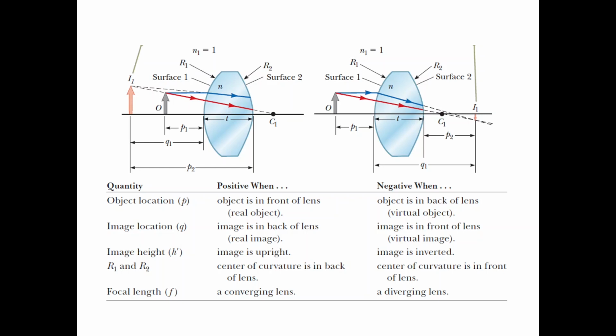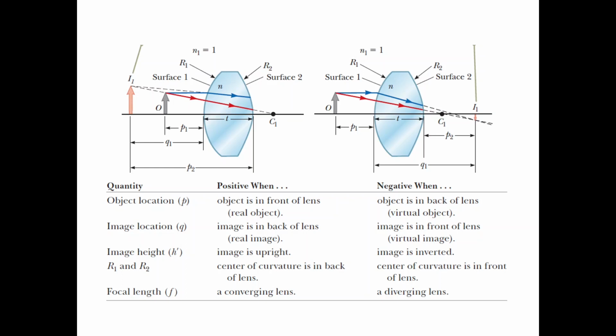So what happens first? There is our object. Then rays from the object hit this first interface. And as we already know from the previous discussion, this interface will create some image. So that's particularly the image of the object in this given case.